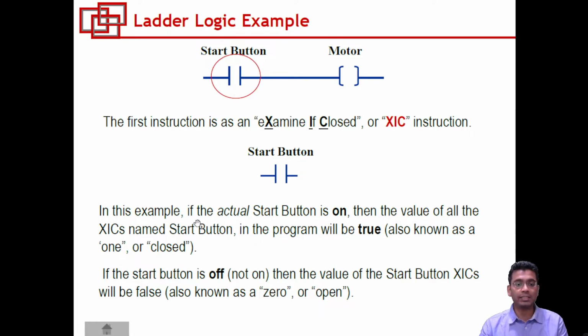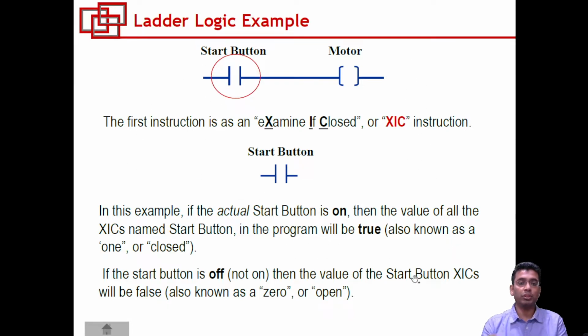So in this example, if the actual start button is on, why the word actual here? It is in italics. Actual means you will have a physical start button which is connected to your input module. So when you press that push button, the signal is conveyed, and the voltage or the current, whatever the rating, comes into the input module, and from there onwards the PLC processor takes it through the ladder diagram.